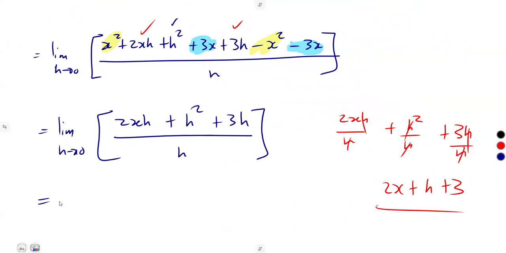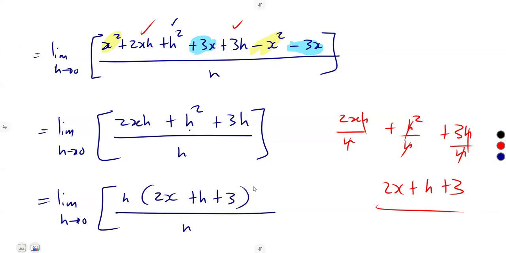Or you can just factor out the h, which is common from the 3 terms in the numerator. So factor out h. That's 2x is going to remain, h remains, and 3 remains, over h. So this is it. And this h and this h is going to cancel.